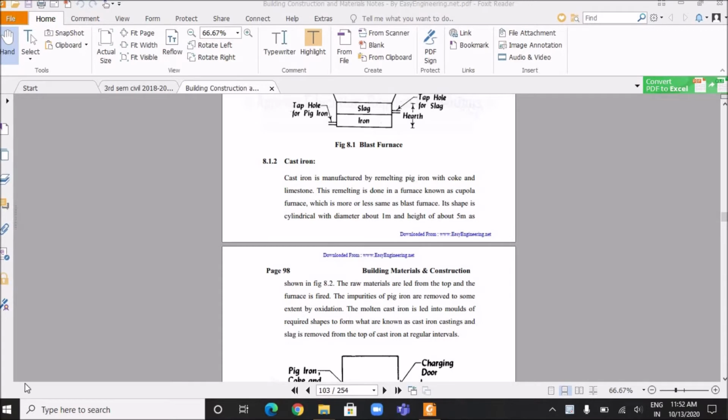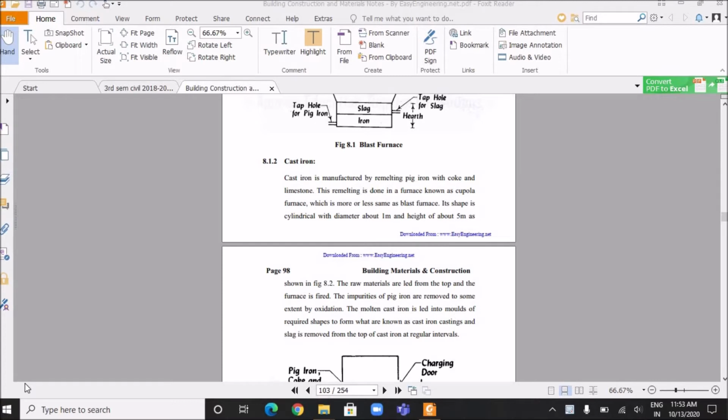Cast iron. Cast iron is manufactured by remelting pig iron with coke and limestone. This remelting is done in a furnace known as cupola furnace, which is more or less the same as a blast furnace. Its shape is cylindrical with diameter about 1 meter and height about 5 meter.